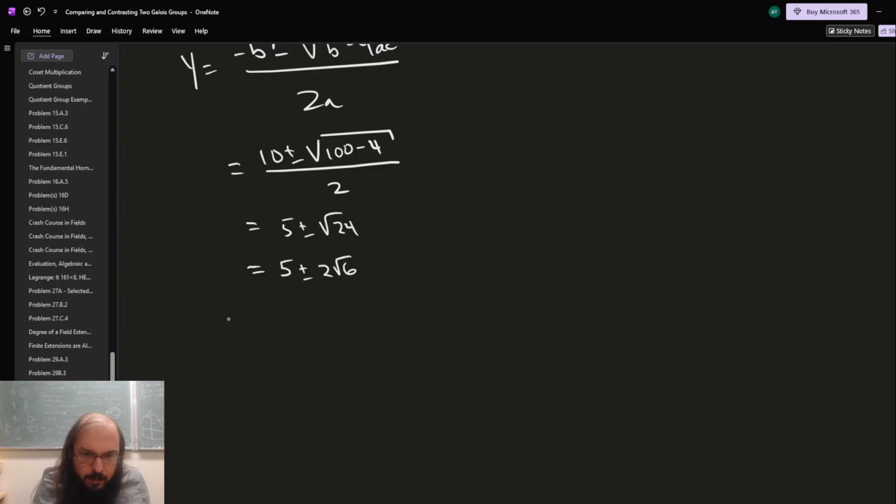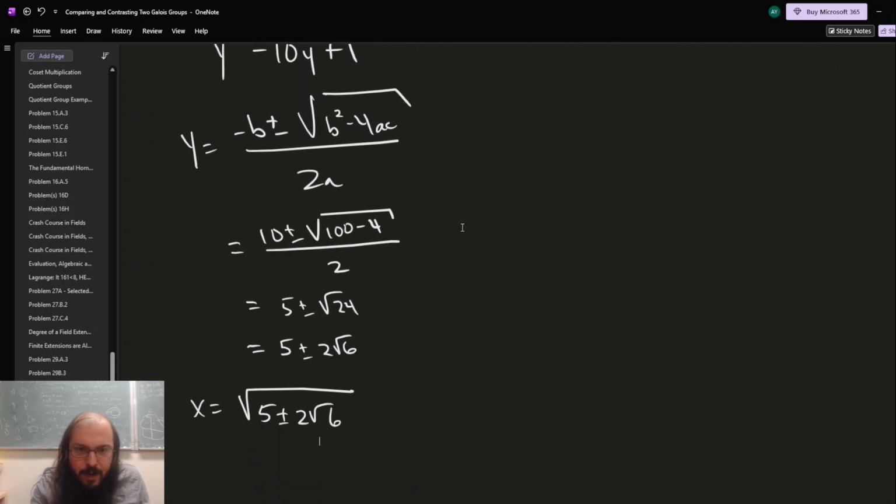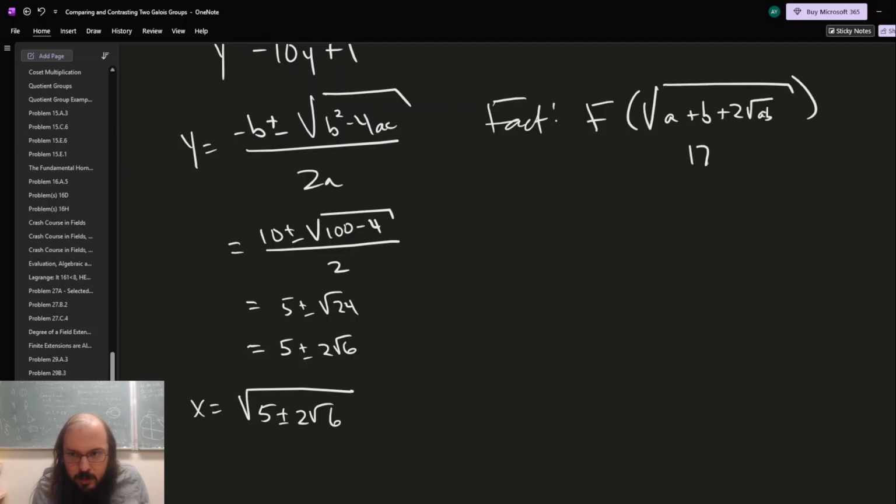Okay, that gets us y. And then x must be the square root of that, right? It's the square root of 5 plus or minus 2 square root of 6. And actually, we had a fact from a homework problem, which was that F adjoin the square root of a plus b plus 2 the square root of ab, this whole big mess, is isomorphic to F adjoin square root of a, square root of b.